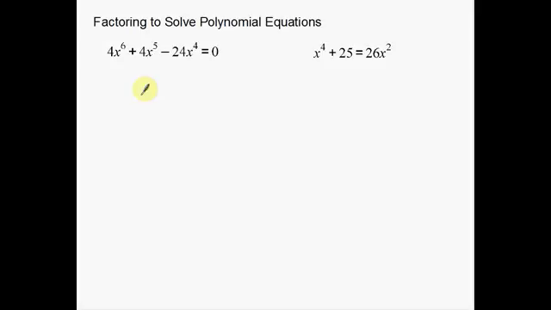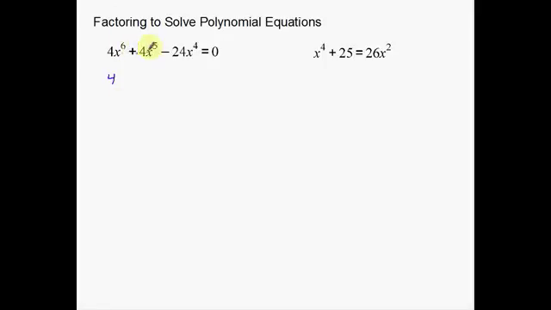First thing, whenever you look at an equation like this, you want to try to figure out if anything is in common. Looking at this equation, I see a 4 and a negative 24, so all those numbers are divisible by 4. That tells me I'm going to factor out a 4 first.